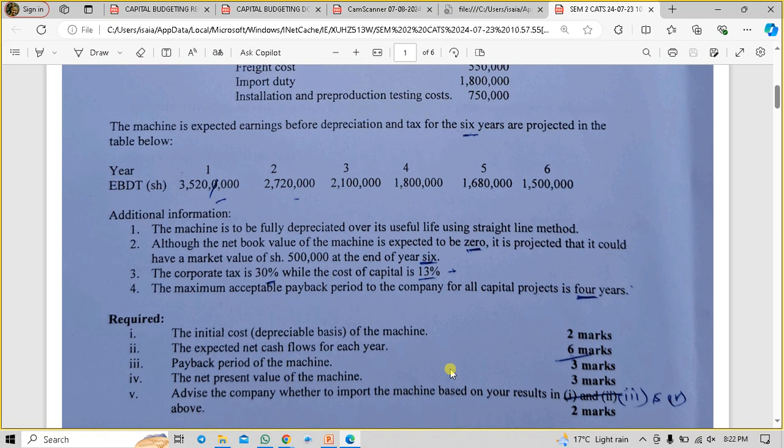Anytime we have a negative NPV, we reject. That is how you should do that question. Any clarification or any question?